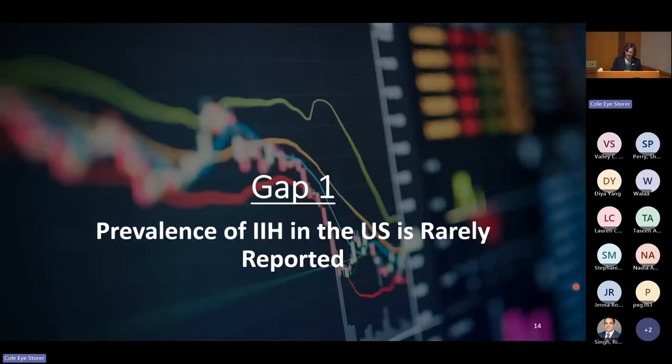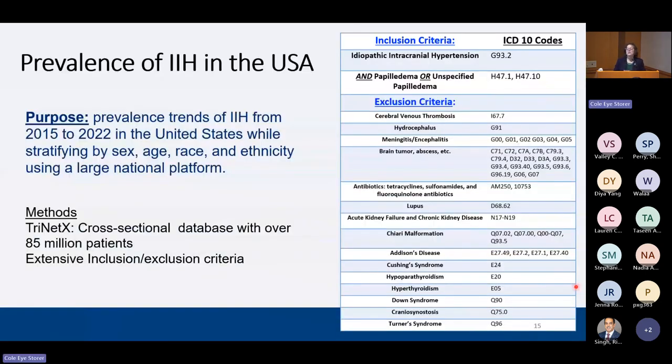So jumping into our first gap where we're discussing prevalence of IIH. For this study, we utilized a large aggregate healthcare platform called TriNetX. And at the time of this analysis, there were over 85 million Americans present in this database.